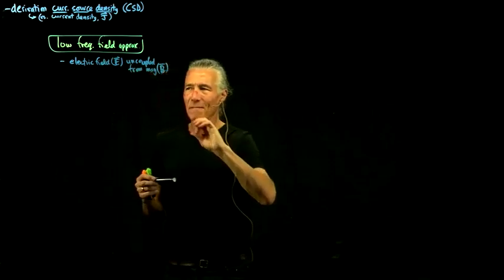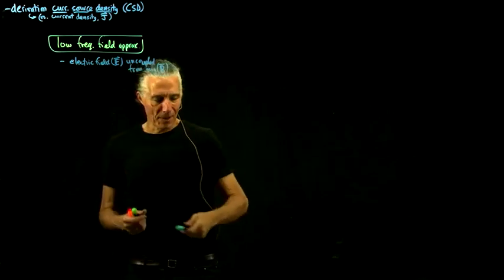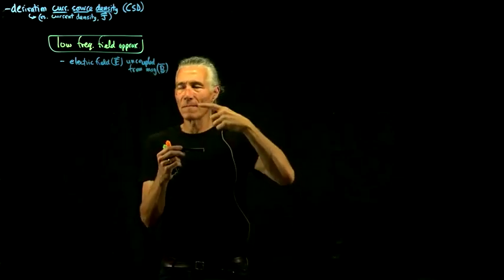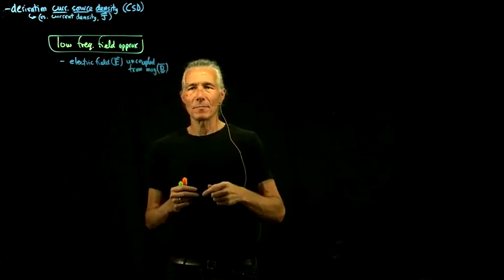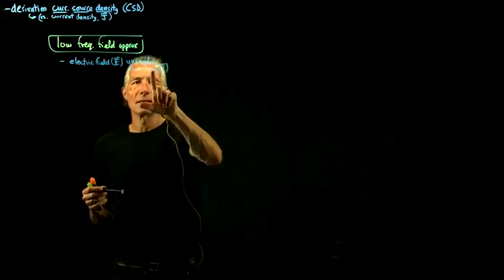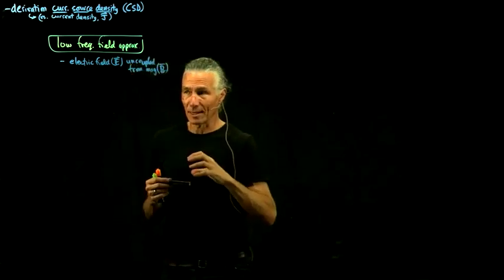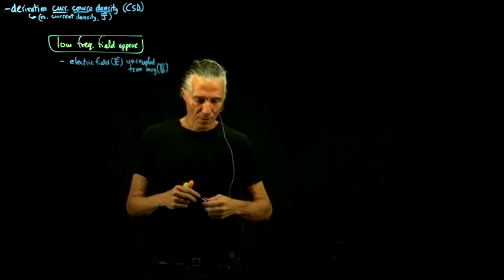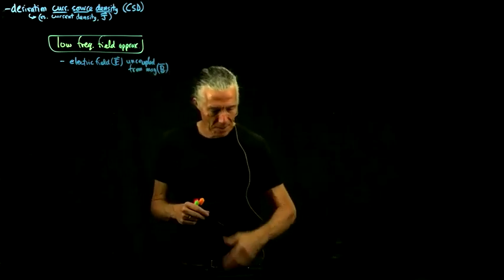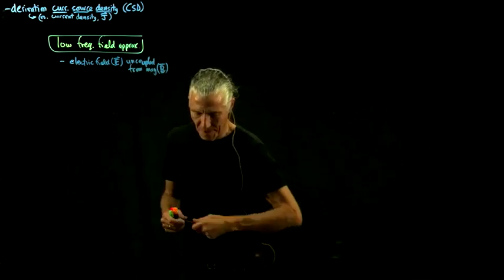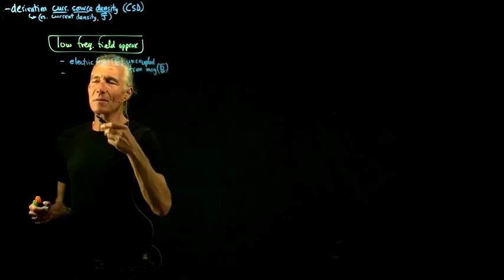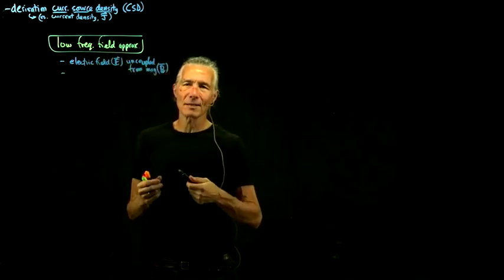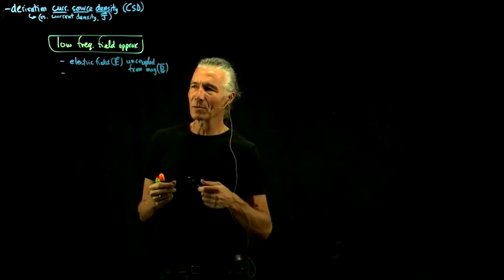But that magnetic field, so say you have some current going through a wire, it generates a magnetic field around the wire. But that magnetic field is not changing. So there'll be a fixed magnetic field as the charges move through the wire. So basically, you can call this low frequency field approximation electrostatics or magnetostatics.